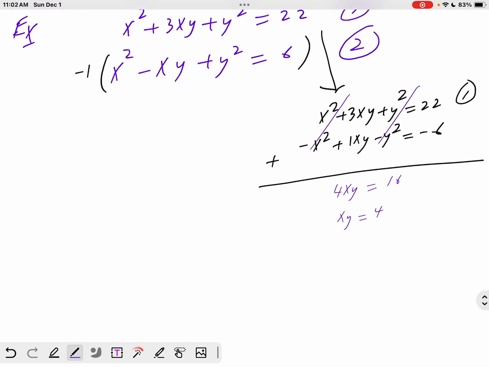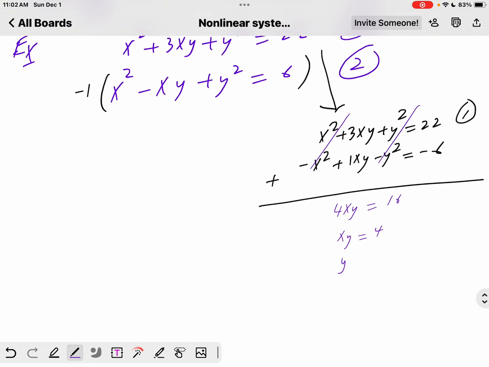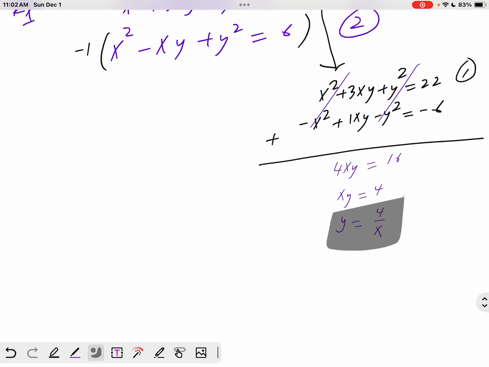Now we can isolate x or y. If you solve for x, x is 4 over y. If you solve for y, y equals 4 over x. This is the value we're going to substitute. So now we can go back to the second equation.